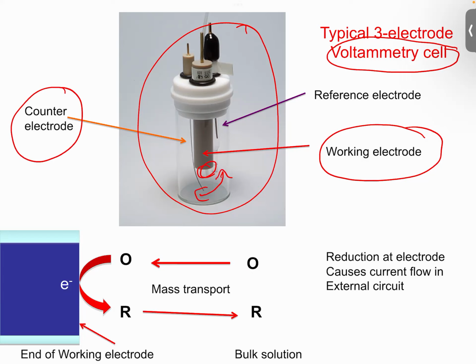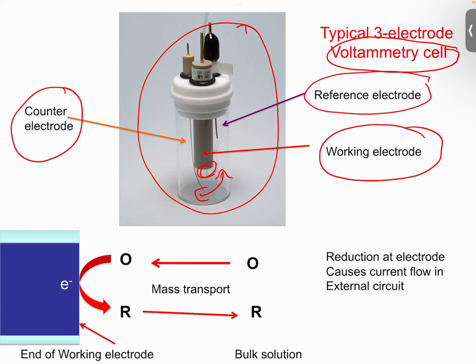Remember that in your bachelor years, you learned about anode and cathode. So this is what we previously called anode and cathode. For the circuit to be completed, it requires a counter electrode. We also have a reference electrode.